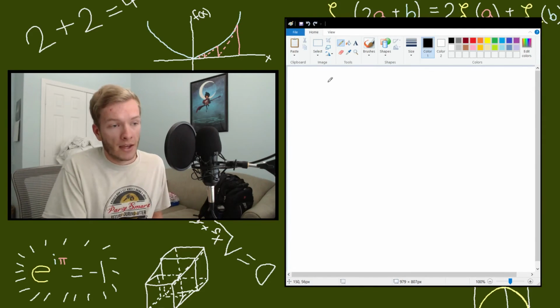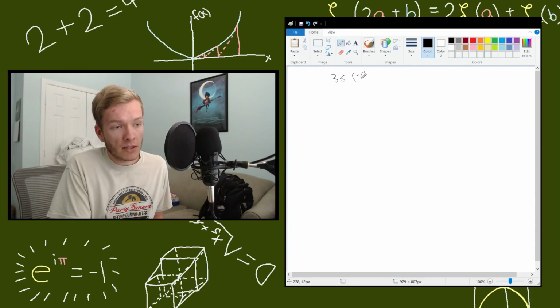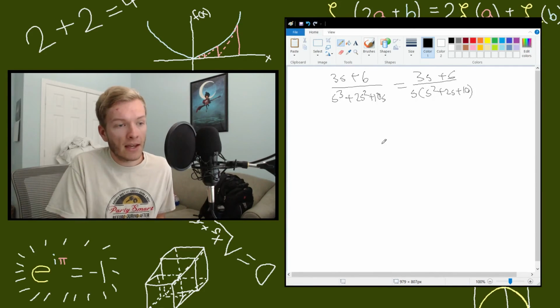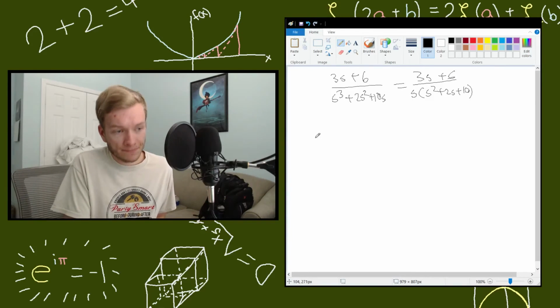So if we had 3s plus 6 over s cubed plus 2s squared plus 10s, that's equal to 3s plus 6 over s times s squared plus 2s plus 10. And then we can multiply that out.